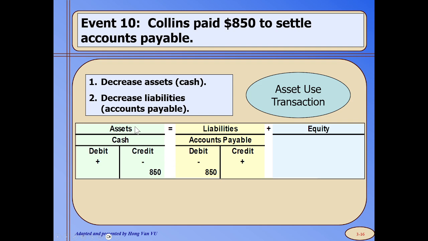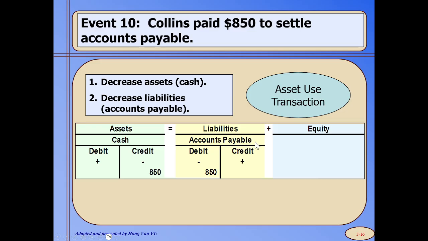So always we have a horizontal balance sheet equation: assets equal liabilities plus equity. So look at the assets. We know that the asset cash decreases 850, so we have it on the credit side. On the other side of the equation, we have accounts payable.